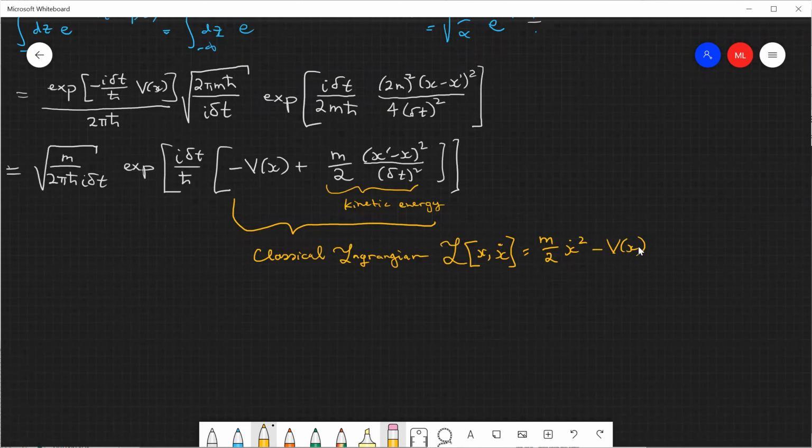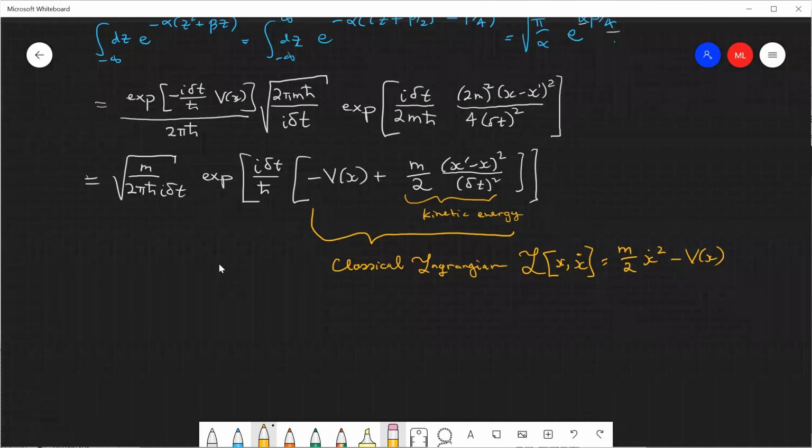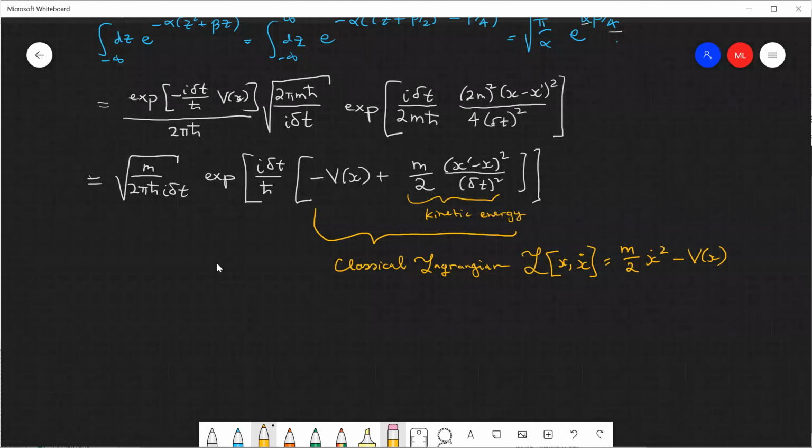Okay, any questions about that? That's the important part of deriving the path integral. Everything else is just using that composition formula. Any questions about that?